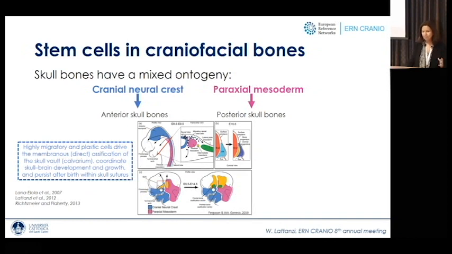Actually, this wide heterogeneity of skeletal stem cell niches that we have in the skull may also come from the diversity from the ontogenic point of view. Because as you may know, skull bones have a mixed ontogeny. Part of the skull derives from paraxial mesoderm, as most of the rest of the skeleton, which is the posterior part of the skull.